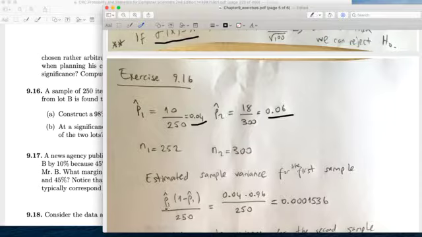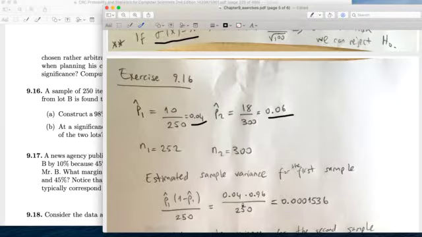If you remember, the variance was P times Q, success probability times unsuccessful probability. We multiply P times Q, that was our variance, and divide by the sample size. This gives us the sample variance for the first sample.